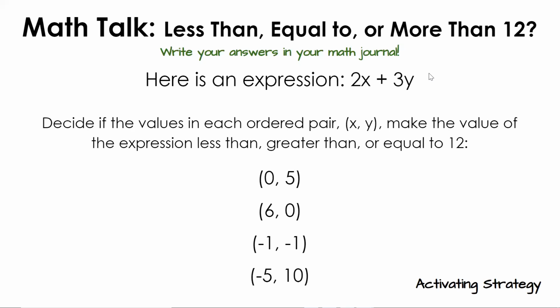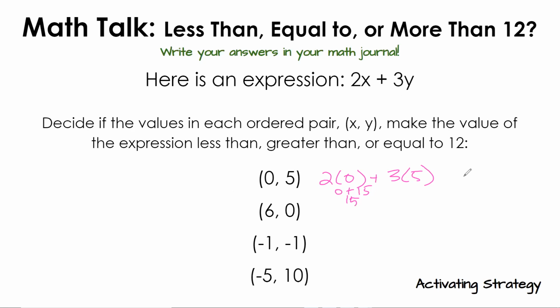Okay, ready? So let's check your work. We took this point and plugged it into this expression. We're going to get 2 times 0 plus 3 times 5. What's 2 times 0? And then 3 times 5? 15. Cool. 0 plus 15 gives me 15. Is 15 less than, greater than, or equal to 12?